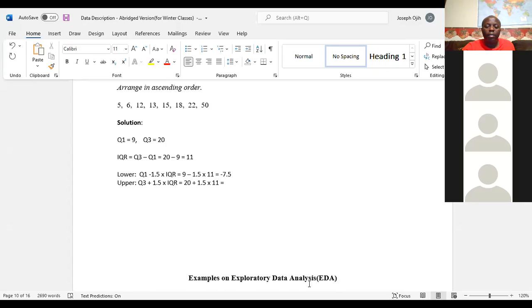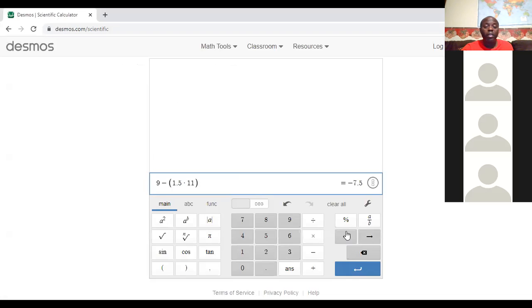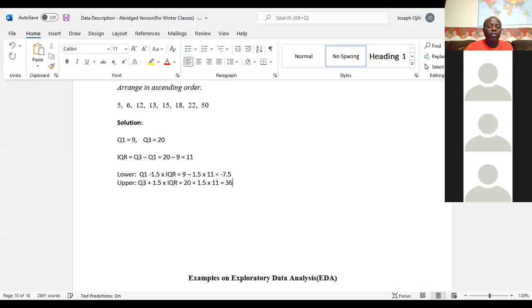So the upper end will be 20 plus 1.5 times 11, which is 36.5. Now we check the upper and lower ends.